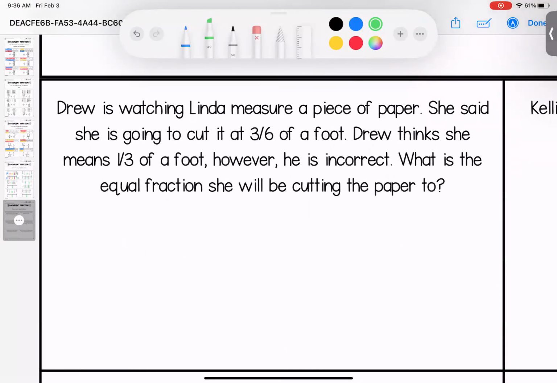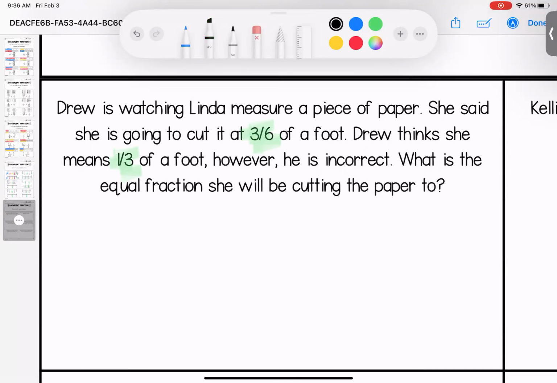So let's talk about Drew. Drew is watching Linda measure a piece of paper. She said she is going to cut it at 3/6 of a foot. Drew thinks she means 1/3 of a foot. However, he is incorrect. What is the equal fraction she will be cutting the paper into?